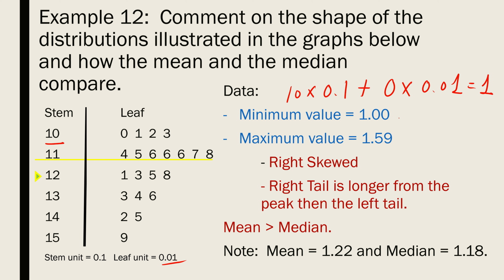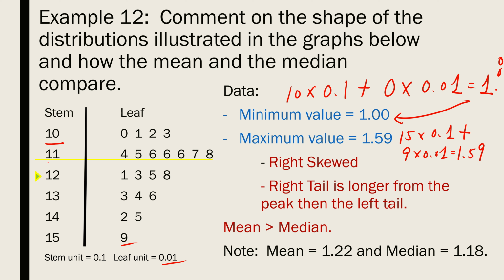That's how we get the minimum value, 1.00. To find the maximum value, first we need to find the maximum stem number, which is 15, and we multiply it by 0.1, which is the stem unit, and we add the largest leaf number, which is 9. We use 9 times 0.01, and the summation is 1.59. You can verify it by yourself.